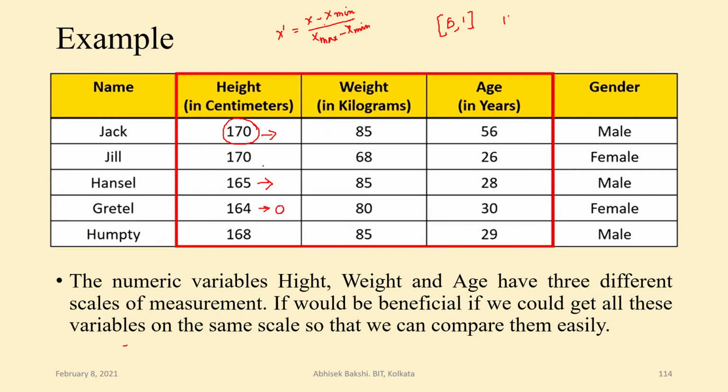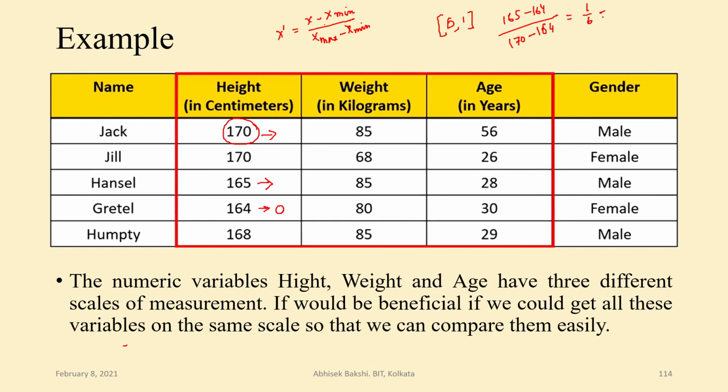So if you consider 165 as an input, in that case it will be 165 minus 164 by 170 minus 164, equal to 1 by 6.